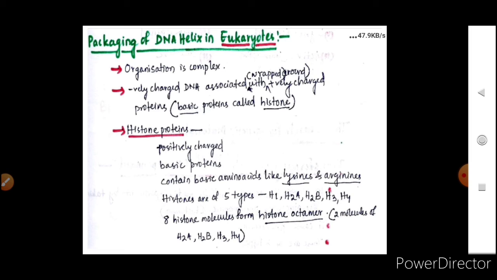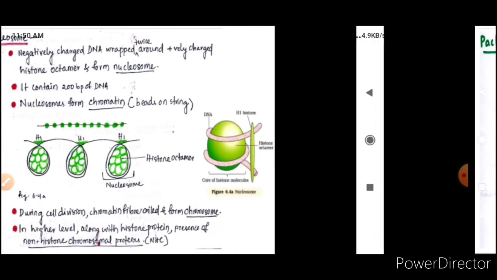Okay, so they form an octamer, and 4 histones are there. So 4 into 2 makes what? 8 histone molecules, and 8 histone molecules make the octamer.